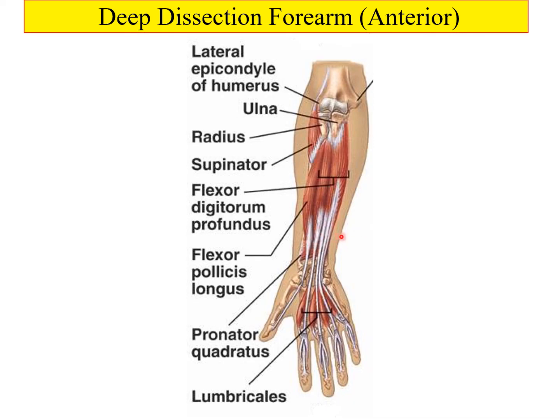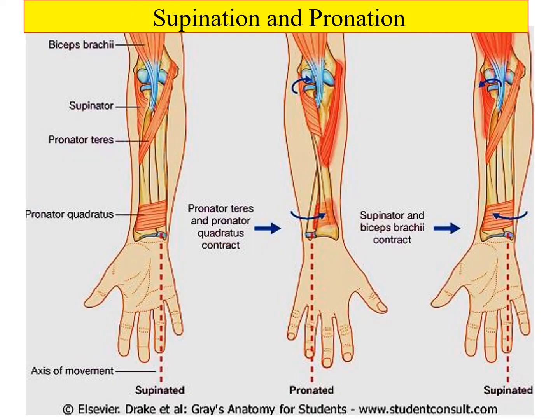If we remove these two muscles also and go further, then we will see the muscle which is known as pronator quadratus. It is the deepest muscle, attached to the radius and quadrate in shape. So when we perform the movement of supination and pronation, this is the long axis on which we move. Why? Because ulna, as I told you, never moves.